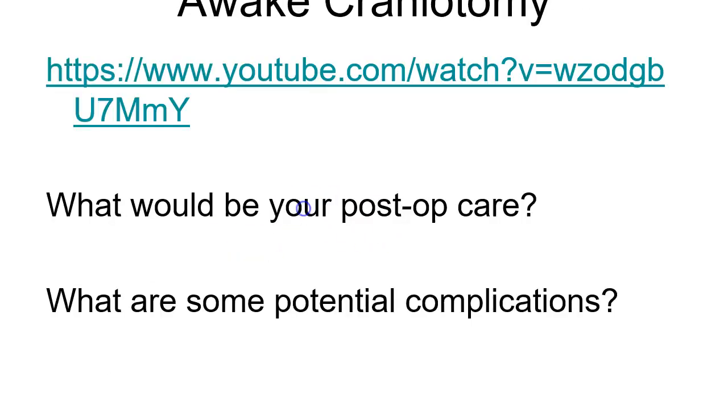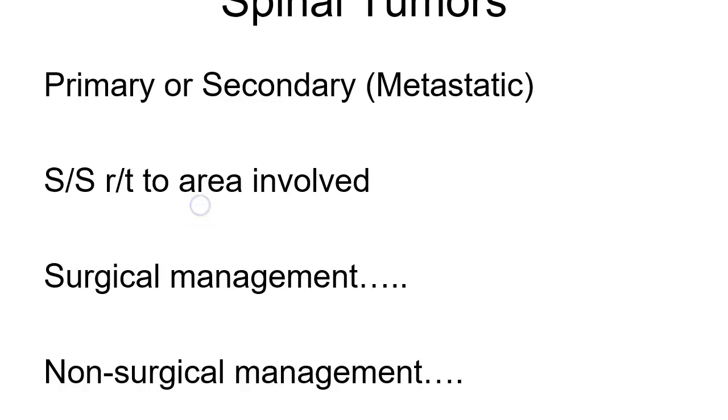And then we can do surgery. And I'm going to play this awake craniotomy video in class, and we're going to talk about what the post-op care would be, how we would be positioning patients and that sort of thing, and what our complications might be after a craniotomy. So stay tuned for the class.